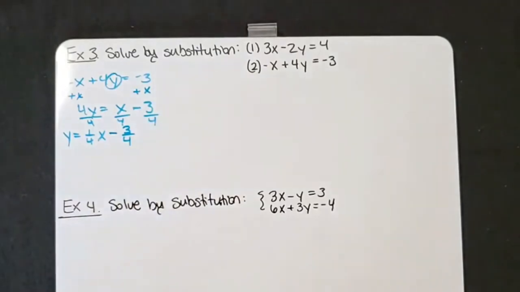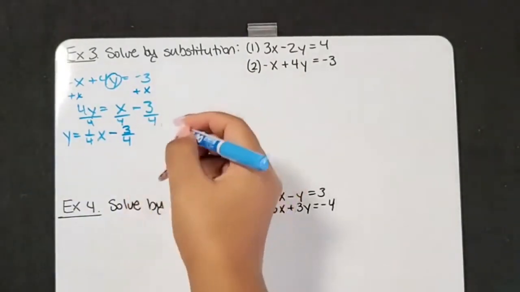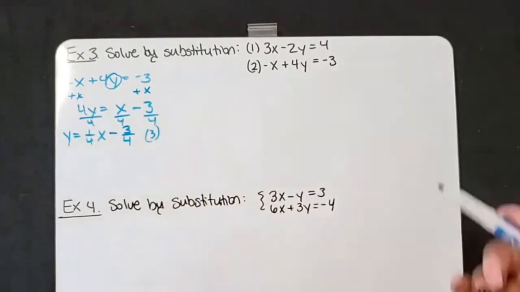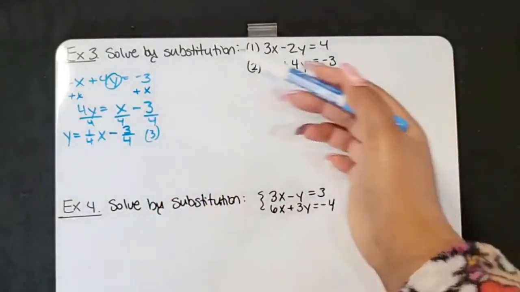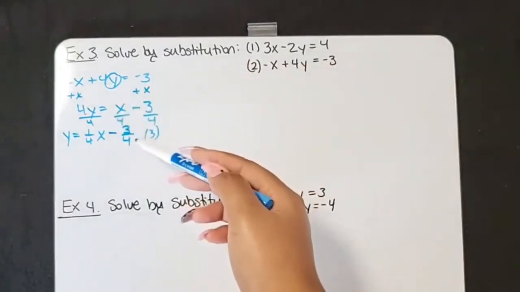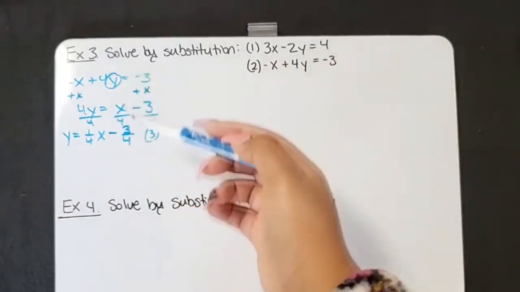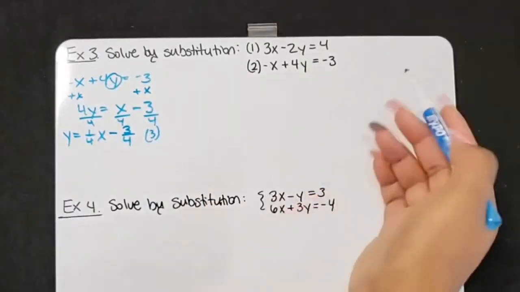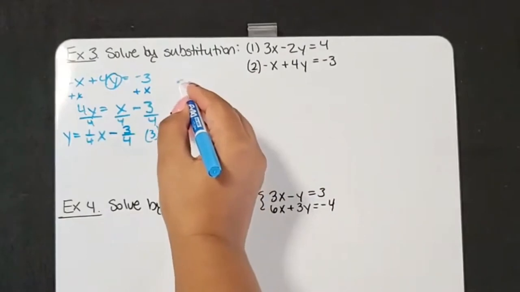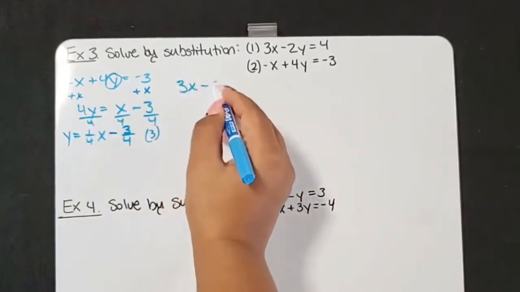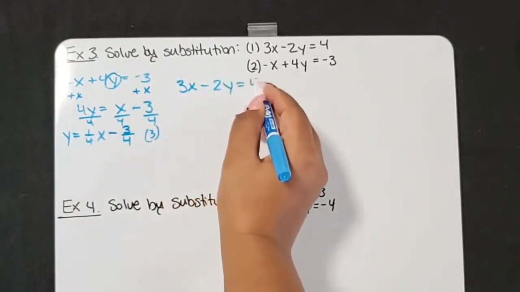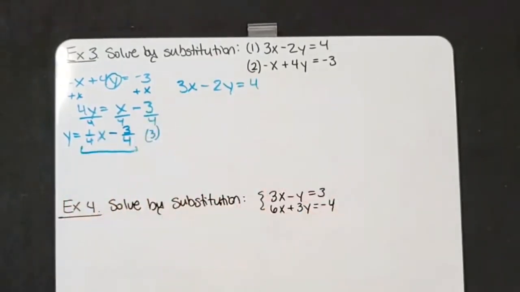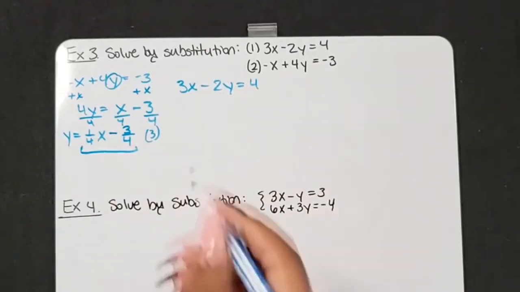Okay. So we can call this equation number 3. Since we took equation 2 and transformed it into equation 3, where do we plug equation 3 into? Equation 1. So we take equation 1, which is 3x minus 2y equals 4, and we're going to plug in what we just said that y equals.